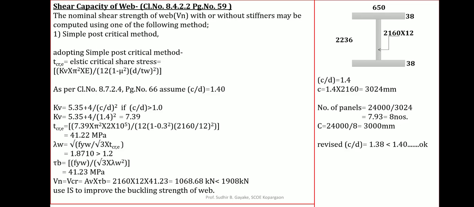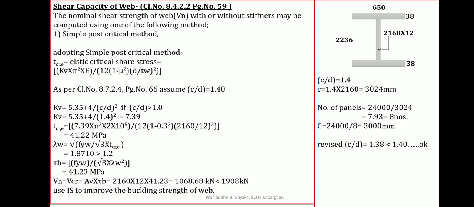Therefore what we have done, we have directly improved the thickness of web. But in this particular numerical, we are going for intermediate stiffener provision also. So here the second alternative solution we have is you can provide the stiffeners and you can use the same thickness of web adopted, that is 12 mm.